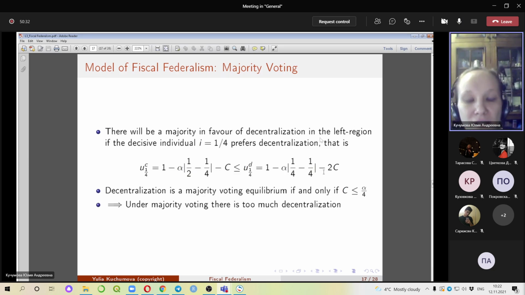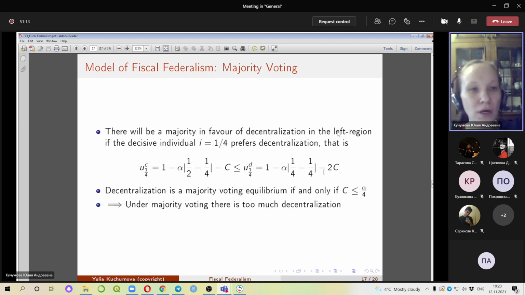Excuse me. Doesn't that mean that if a person at some point prefers decentralization, all people on the right side of the line would also prefer decentralization? Yes, but only those closer to the border. You said the right side, but it's actually the left side.